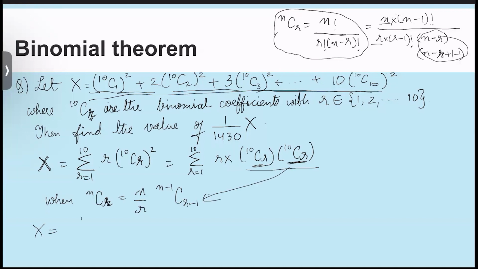So what that would lead you to is summation over r going from 1 to n. Okay, so you have r multiplied by 10 Cr multiplied by 10 by r, and over here you have 9 C r minus 1. Okay, so because you have n minus 1, this becomes 9.